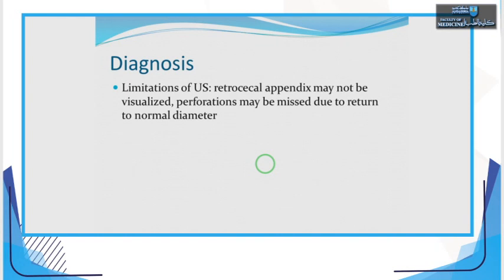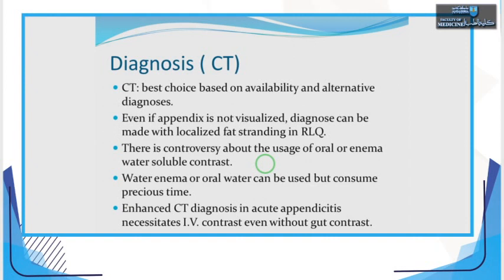Also, if there is perforation of the appendix, you can compress and see the appendix compressible. So the perforation makes the appendix compressible by the ultrasound probe, and for those who are not perfectly skilled in ultrasound, this may indicate a normal appendix, and you can miss it.